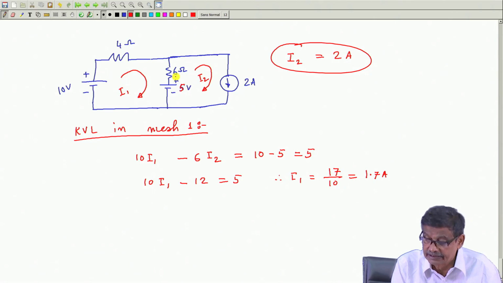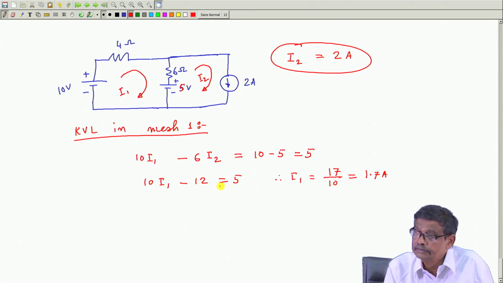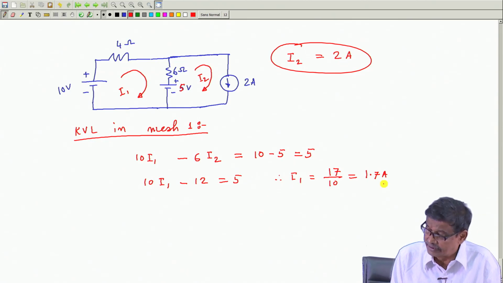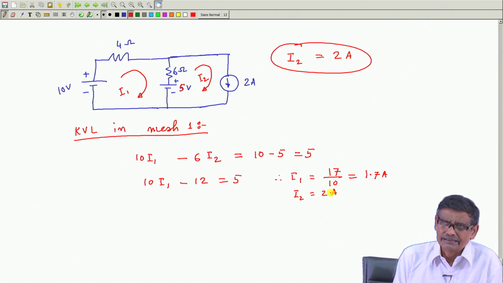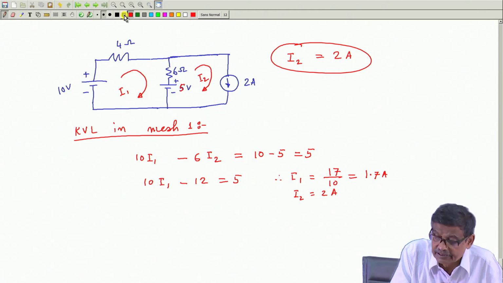This is 4 plus 6, 10 I 1 minus 6 I 2 is equal to 10 minus 5, and I 2 is known to be 2 ampere because of this. It is hopefully correct. Then after you have got the mesh current, so I 1 is this and I 2 is 2. It is a good practice, not always necessary when you are very much used to it, to redraw the circuit.